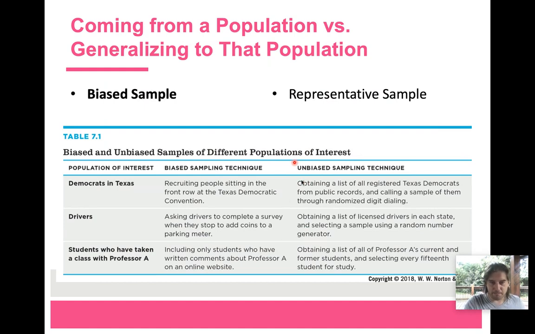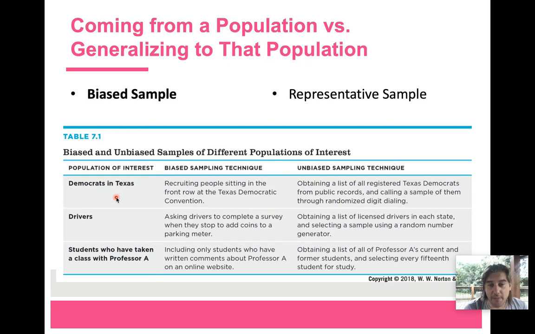Okay, so here in this chart, we have 3 examples of a population of interest, and then a biased sampling technique, and then an unbiased sampling technique. So let's stick with this first example. I want to survey Democrats in Texas.